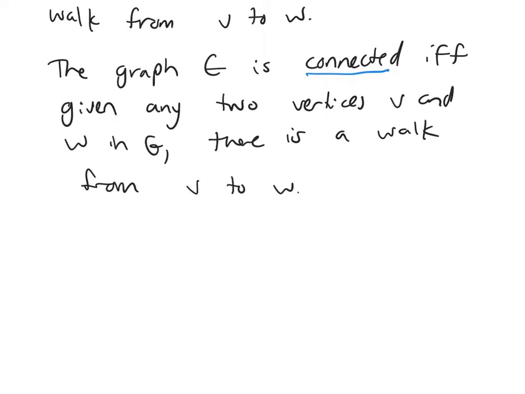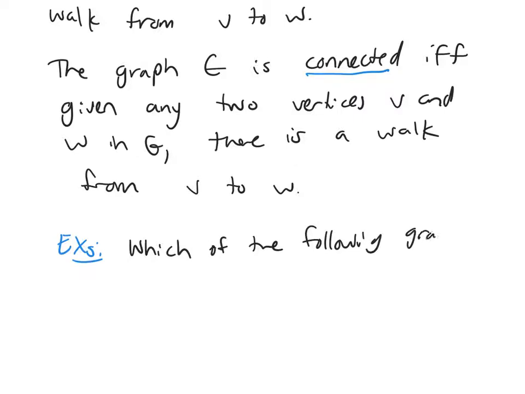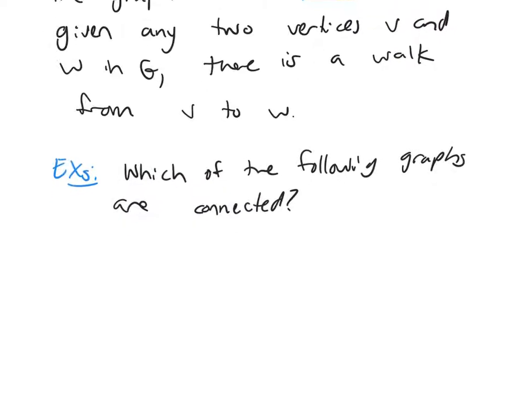So let's look at a few examples and ask, are these graphs connected? Which of the following graphs are connected? So let's see, my first graph will look like this, and then that.